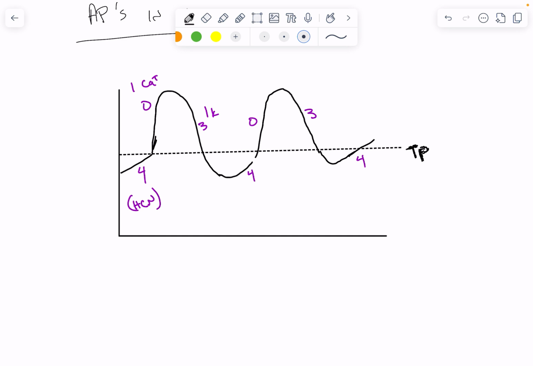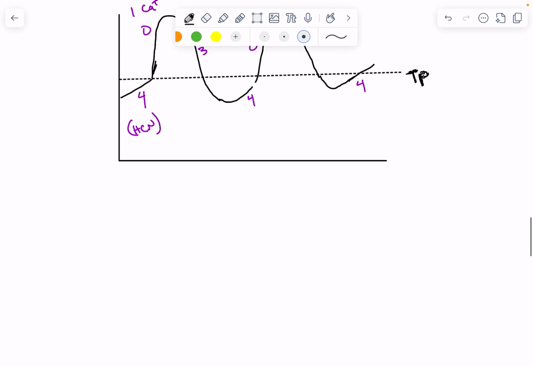There's a different cation channel that is only in autorhythmic cells, and these are called funny channels. The reason they are funny channels is because they're called HCN channels.